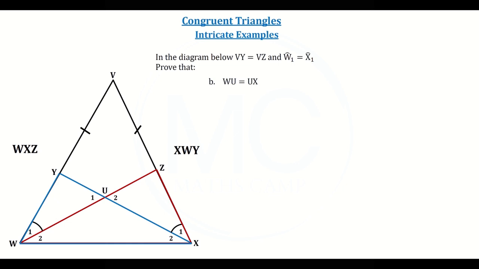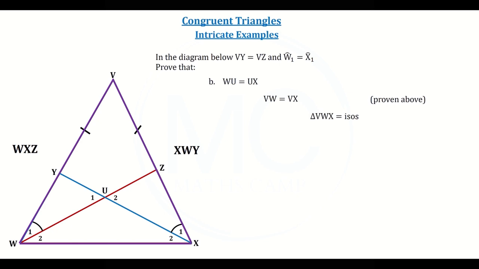In part A, we've just proven that VW is equal to VX. As our reason, we simply say proven above. This shows us that triangle VWX, let's make it purple, is an isosceles triangle, and we can make a note of this over here as well.